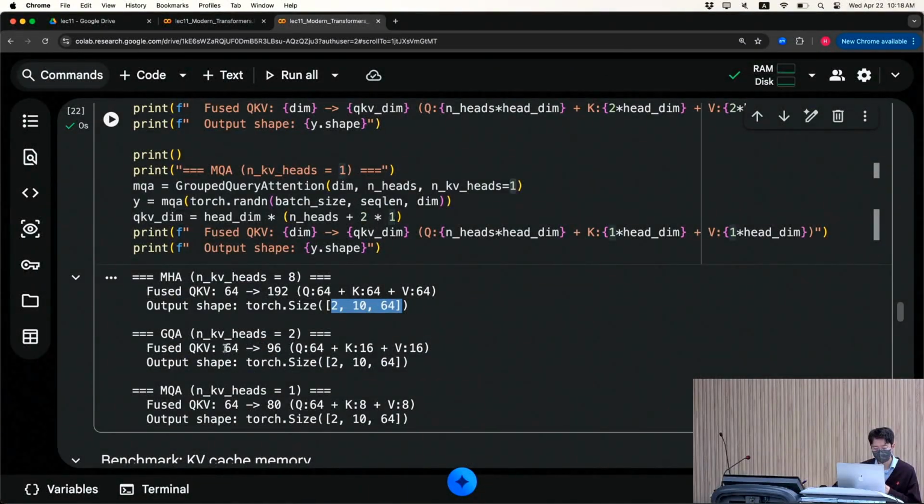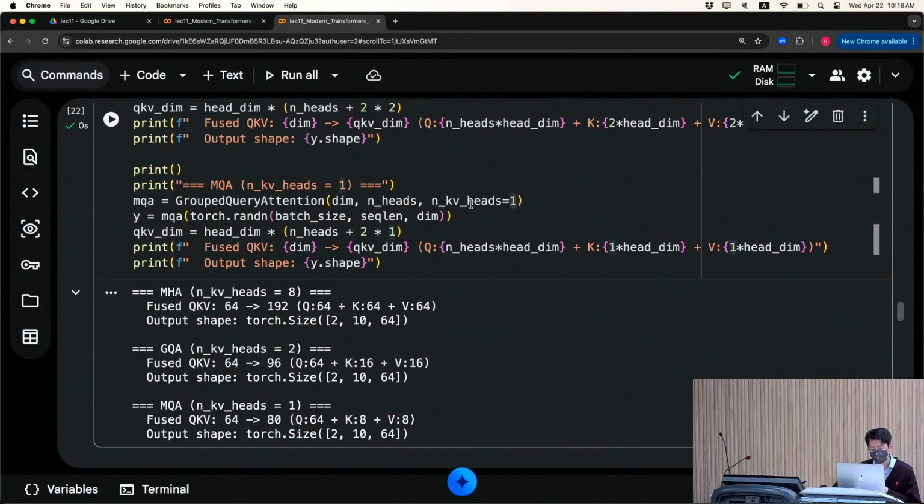And here in, for example, multi-query attention, we have 64 projecting to 80. So I'm slightly confused. Okay, let's do this first.